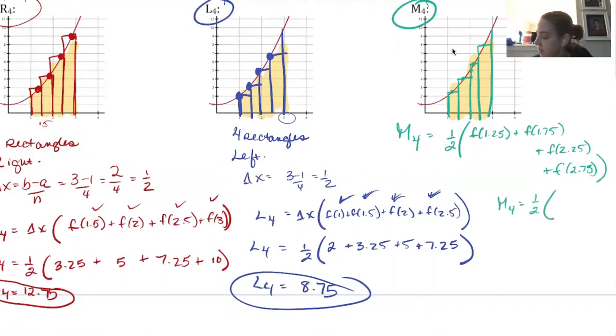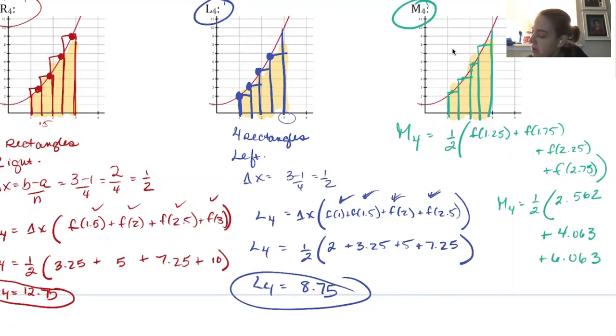I'm a little bit out of space here, 1.25 squared plus 1. Now, don't forget at least 3 decimal places. I've seen some of us rounding a little bit too much. 4.063 plus, whoops, 2.25 squared plus 1, 6.063, and 2.75 squared plus 1.